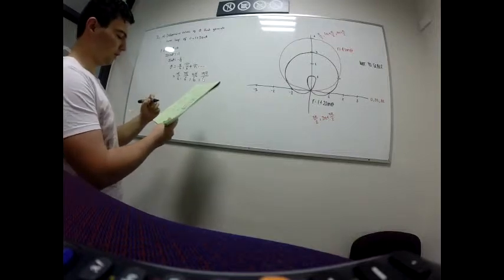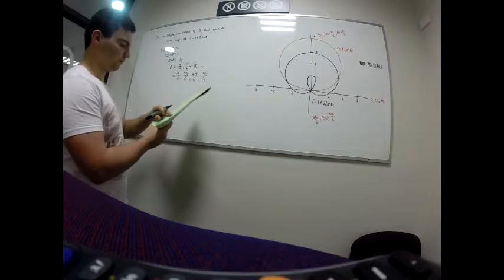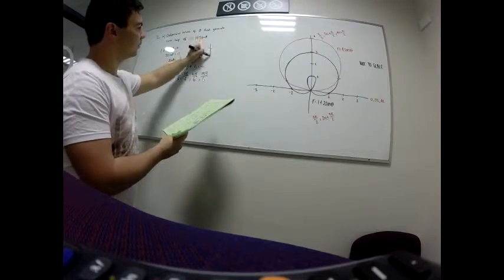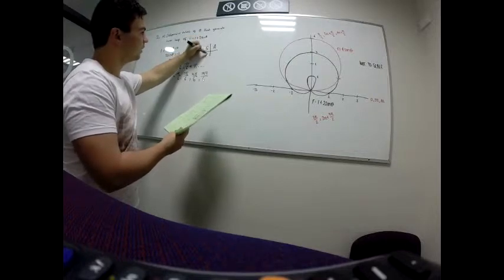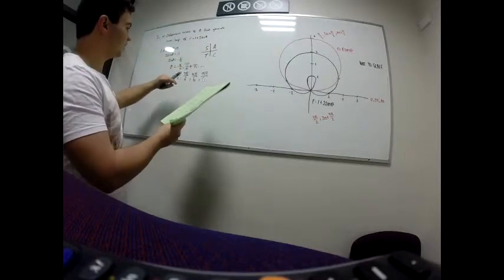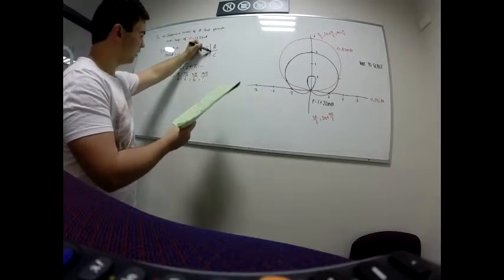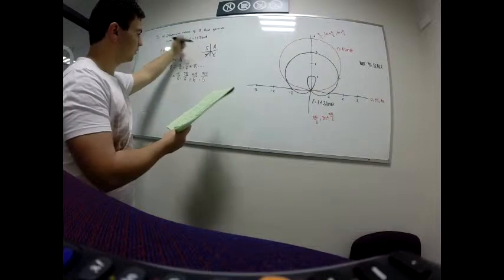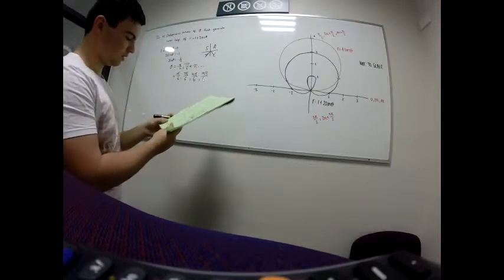So just knowing what quadrants it's in, from minus pi on 6 you'll get in this quadrant and this quadrant. So yeah, that's how you get that.